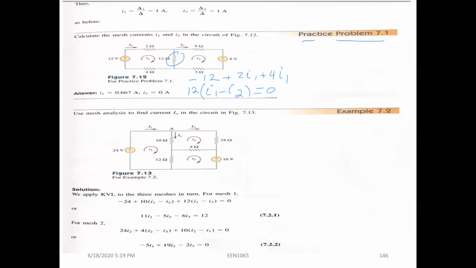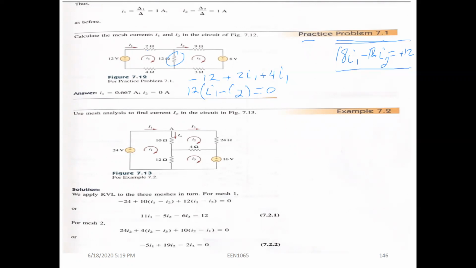So 2 and 12 is 14, plus 4 is 18. So it will be 18 I1. And for the I2 it will be minus 12 I2 equals minus 12, so plus 12 on the other side. So this is equation number 1.